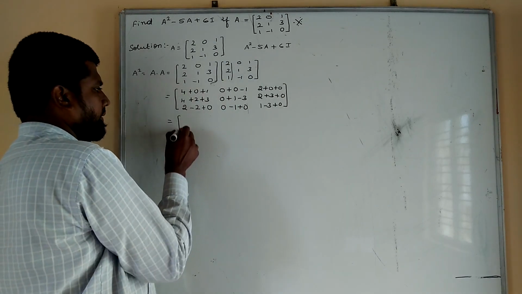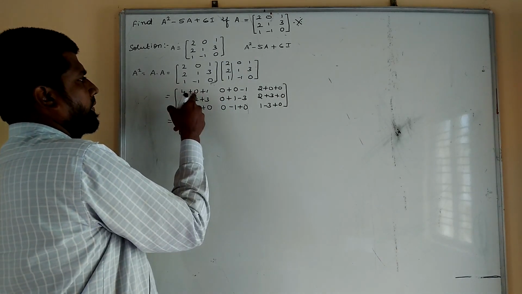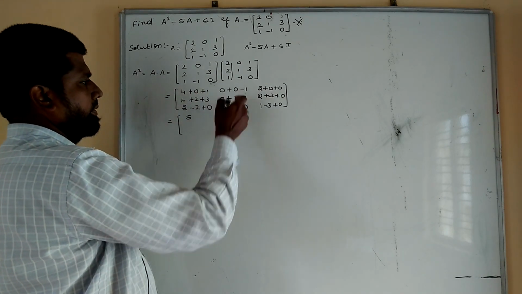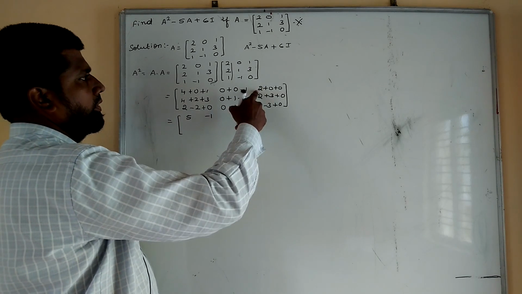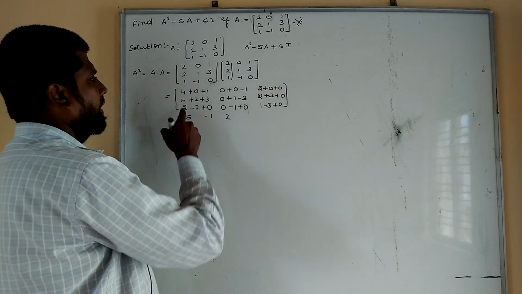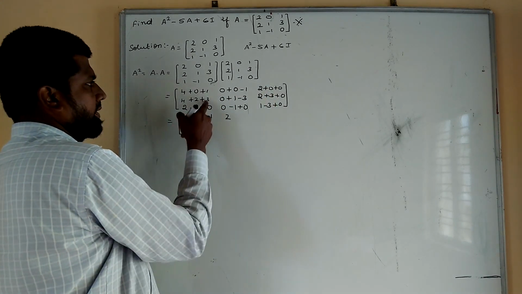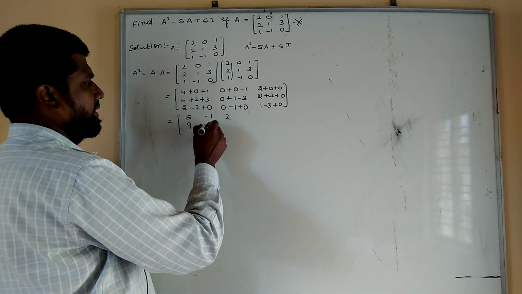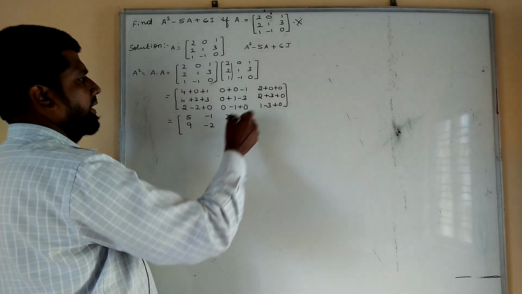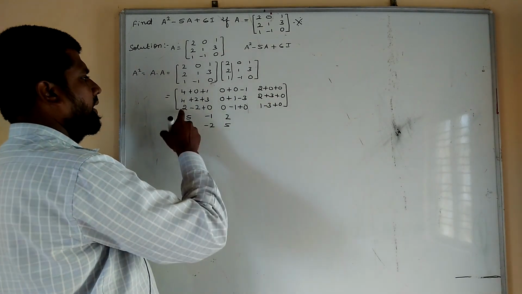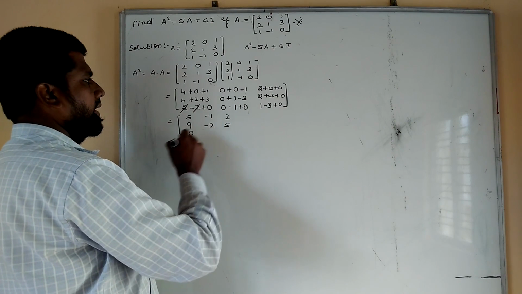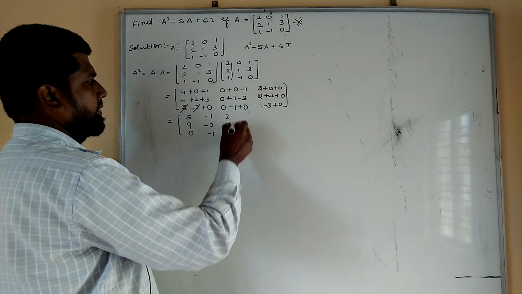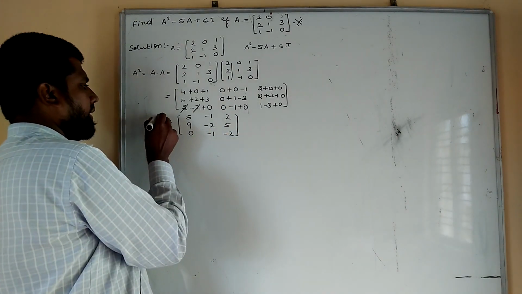So then 4 plus 0 is 4, 4 plus 1 is 5, 0 plus 0 is 0, 0 minus 1 is minus 1, 2 plus 0 means 2, 4 plus 2 is 6, 6 plus 3 is 9, 0 plus 1 is 1, 1 minus 3 is minus 2, 2 plus 3 is 5, 5 plus 0 is 5, plus 2 minus 2 get cancelled, you are getting 0, 0 minus 1 is minus 1, 1 minus 3 is minus 2. So we got A square.